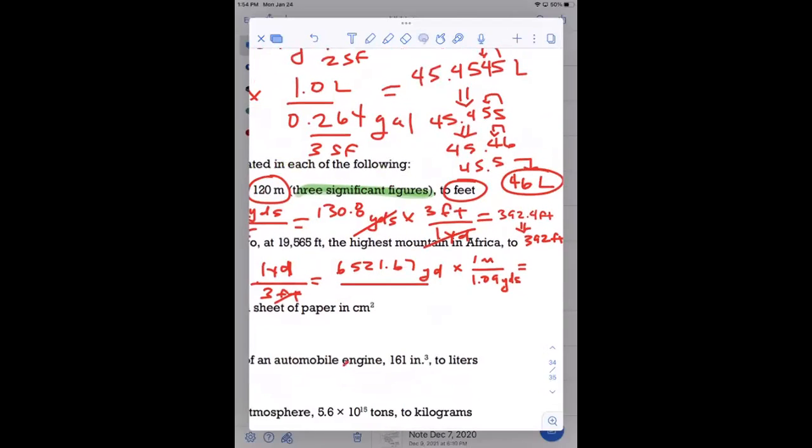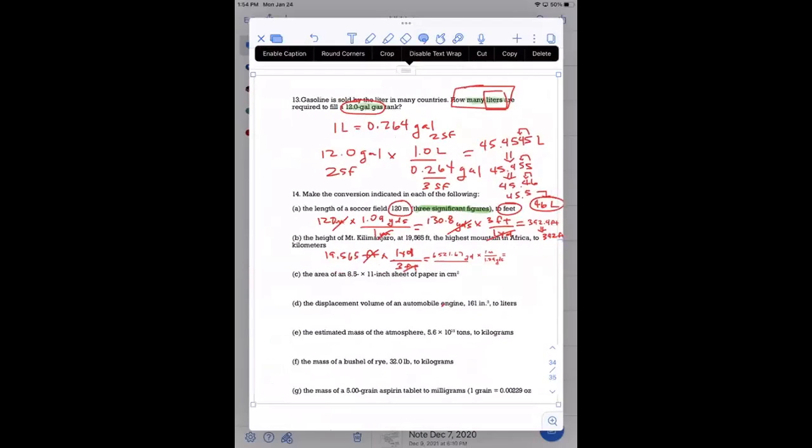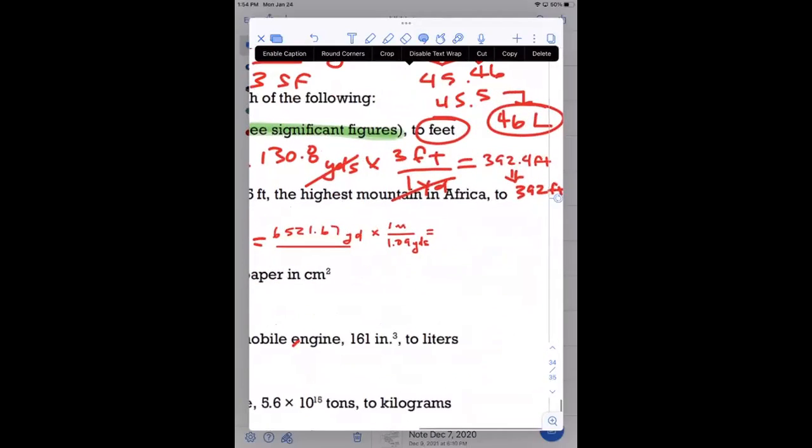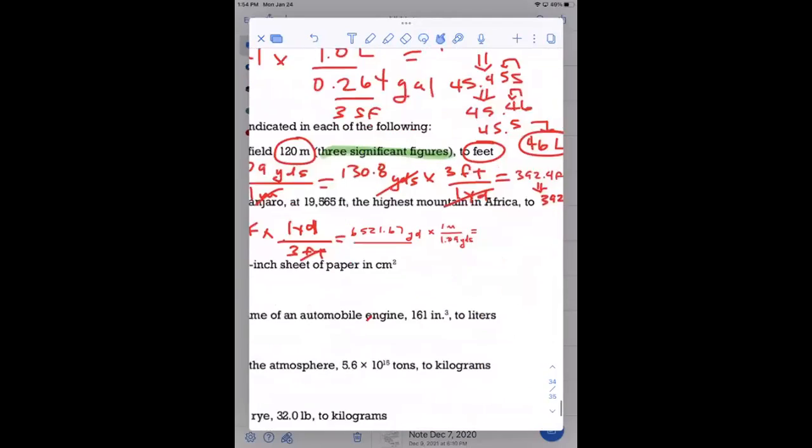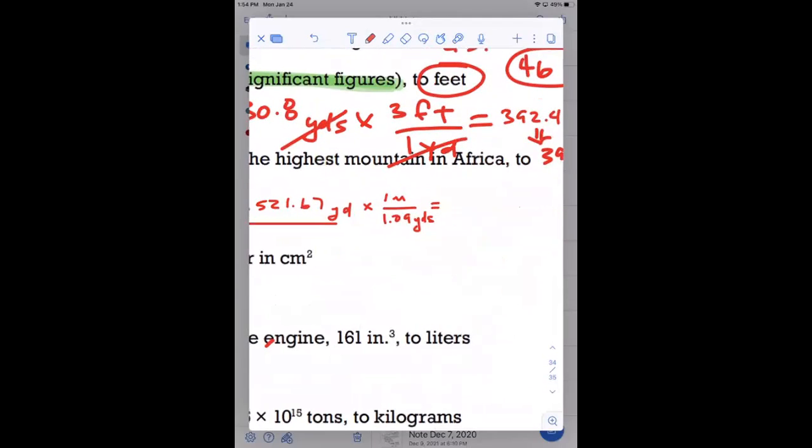I need to shrink that so I can fit the answer in. Anybody got that number calculated? It's 5,983.18 meters. Meters. Good.